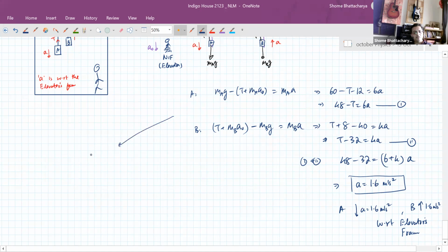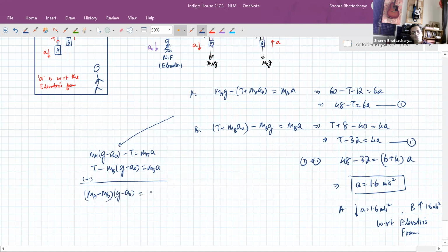If we write this parametrically, we have mA into (g minus a naught) minus T is equal to mass into acceleration, and we have T minus mB into (g minus a naught) equal to mass into acceleration. Now if we add these two equations, you can see that we get (mA minus mB) into (g minus a naught) is equal to (mA plus mB) into this acceleration.